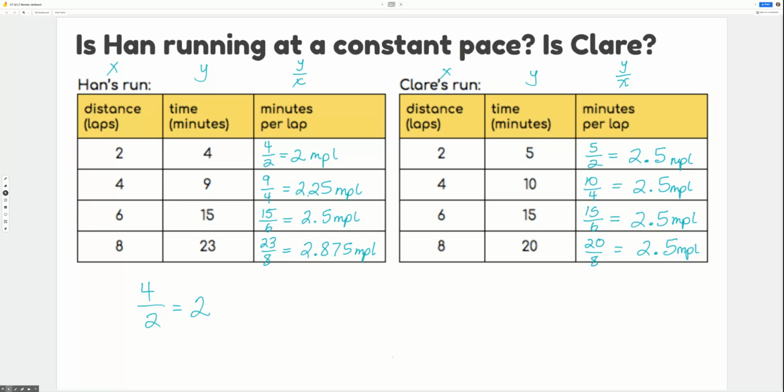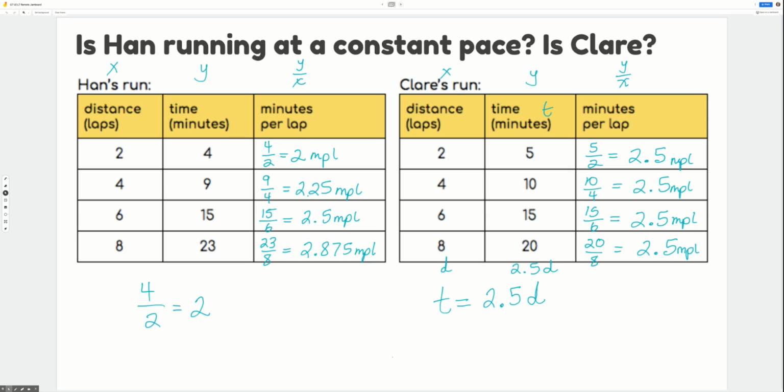So we could say that the time for Claire, for example, is 2.5 times distance. Because if we put t here, and distance, d, it would be 2.5 d. And we know that our time is 2.5 d. So that's how we could say it for Claire's constant running, which is rather nice.